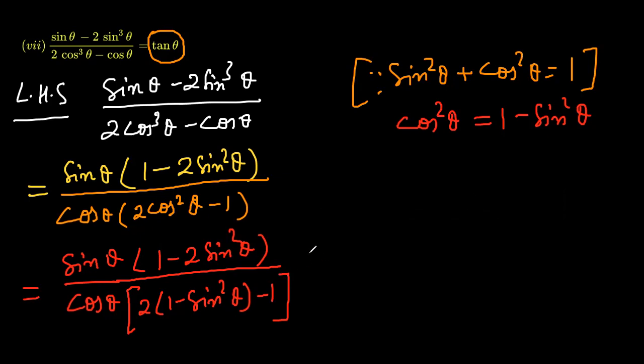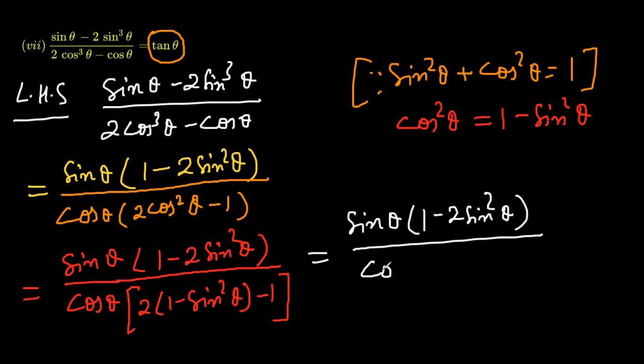So we're going to write it as sine theta times (1 minus 2 sine square theta), and here also we have cos theta, and after simplification this also comes out to be 1 minus 2 sine square theta.